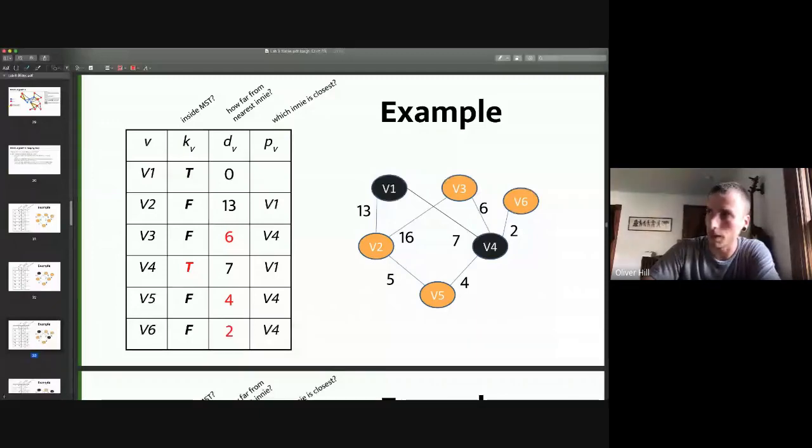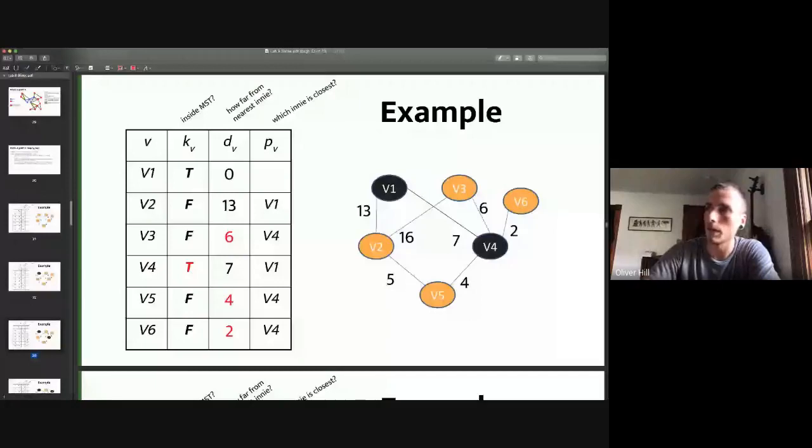Those are the 3 edges that we're concerned with. v4 was outside of the MST. Now it's in the MST. We've added it. We're updating weights to v3, v5, and v6 because those are the nodes that v4 is connected to. Okay, glad to see it's making sense.